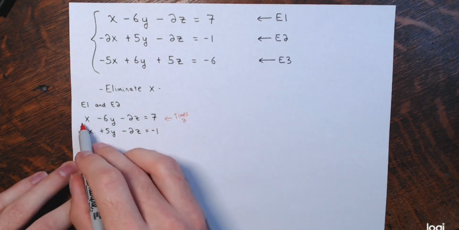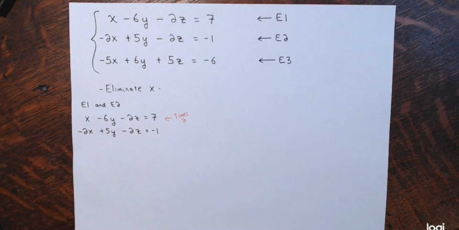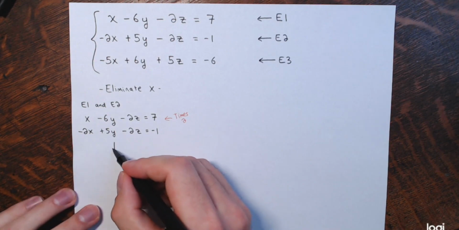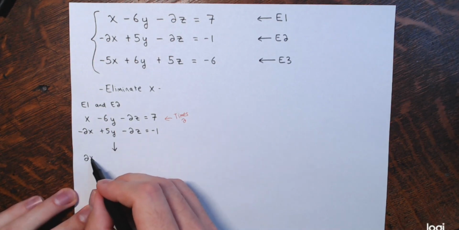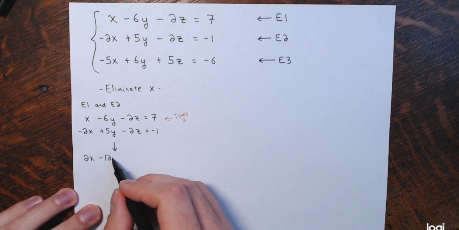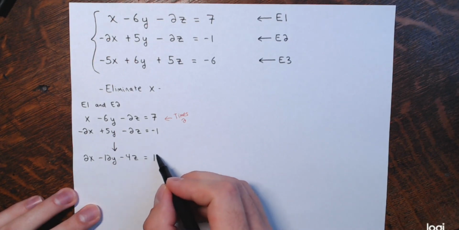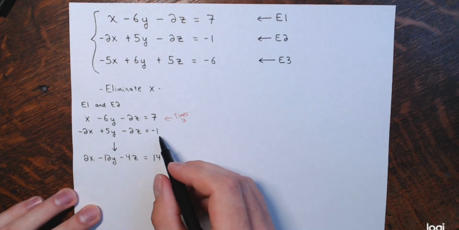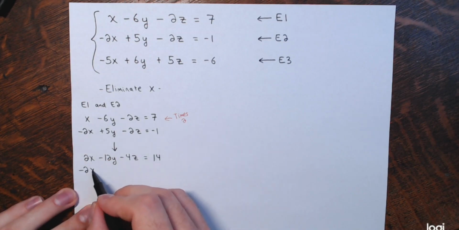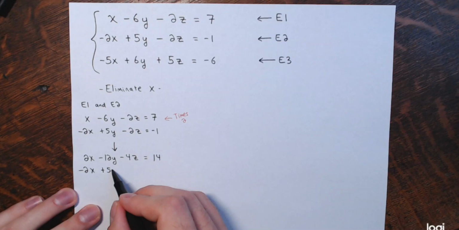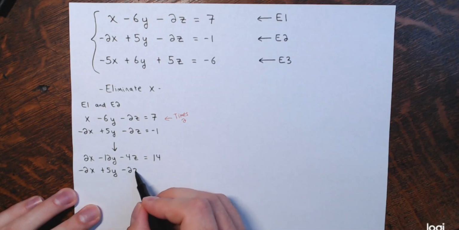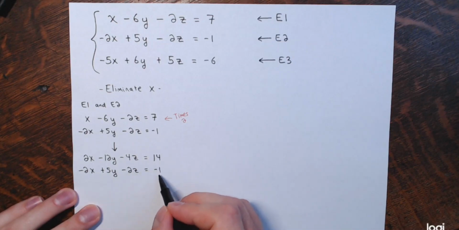That'll give me 2x and negative 2x. So after multiplying the top equation by 2, I got the following: 2x minus 12y minus 4z equals 14. And the second equation I didn't touch, so it's still negative 2x plus 5y minus 2z equals negative 1.